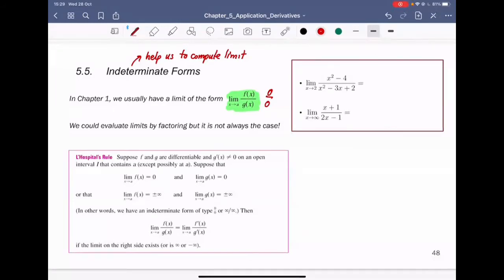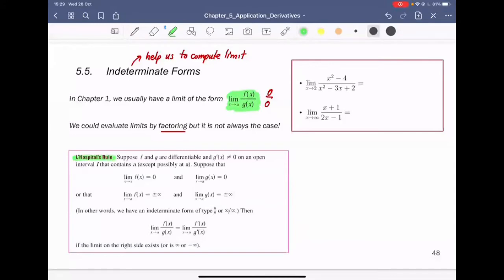So you have a few choices to solve limit f over g. However, sometimes factoring does not work. Sometimes conjugate does not work. You can use something called the L'Hopital rule.